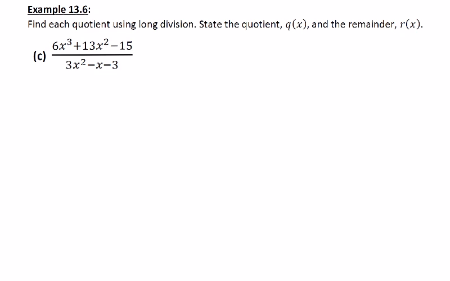And one of the things that I want to caution about when it comes to setting up the division problem is you want to be careful about missing terms. So this numerator is a degree 3 polynomial, and I can see that because the largest power I have on any variable is 3.